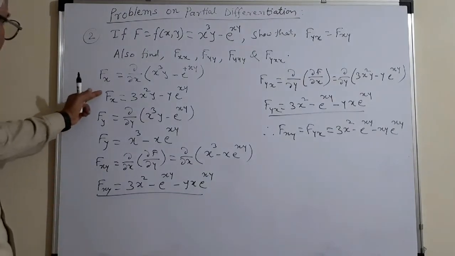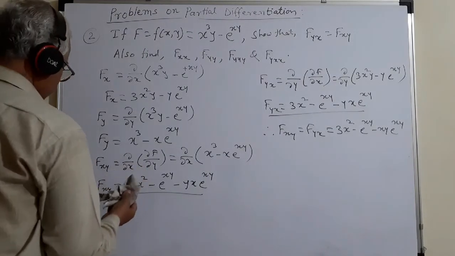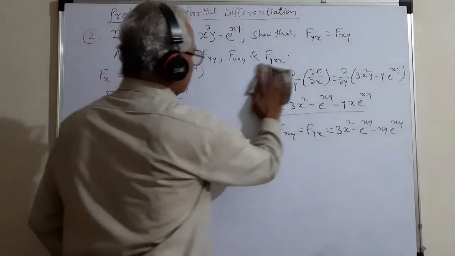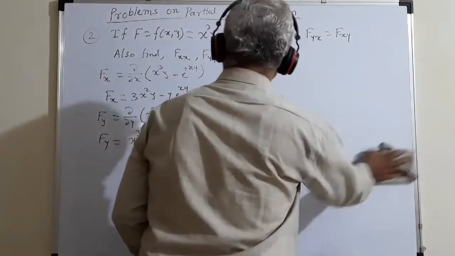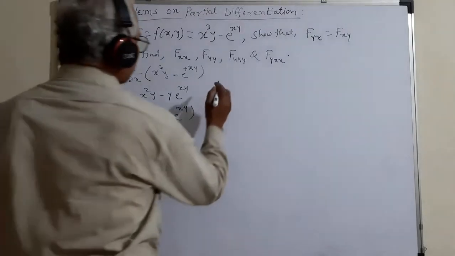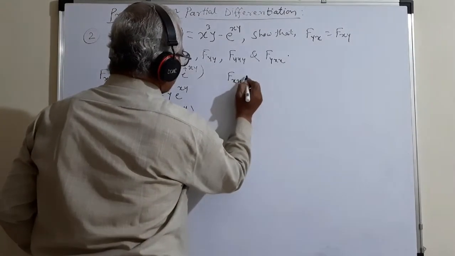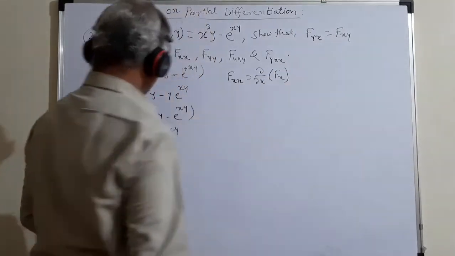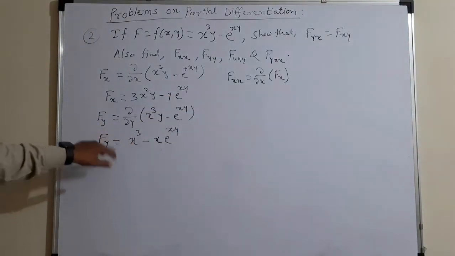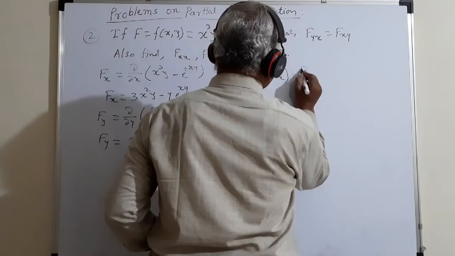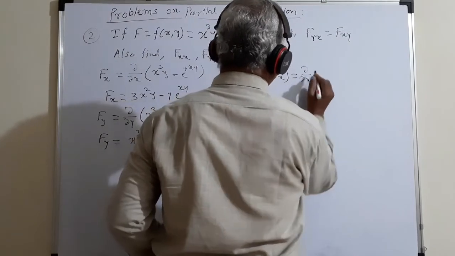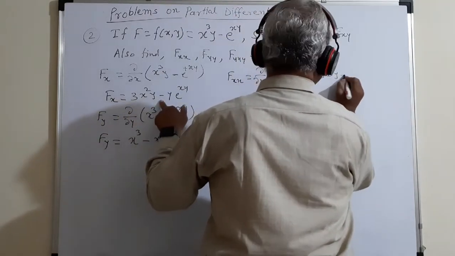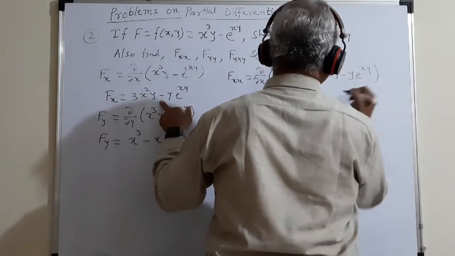We have the expressions for fx and fy, so let us obtain the expressions for fxx and fyy. fxx is nothing but dou by dou x of fx, which is dou by dou x of 3x square y minus y e raised to xy.